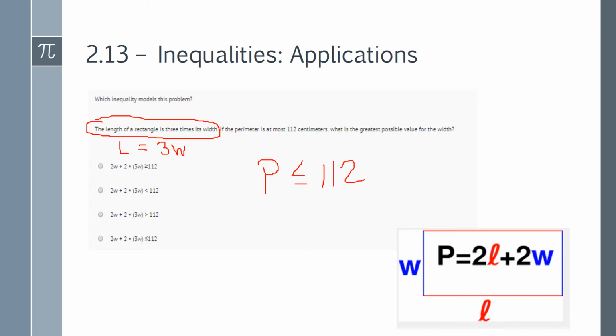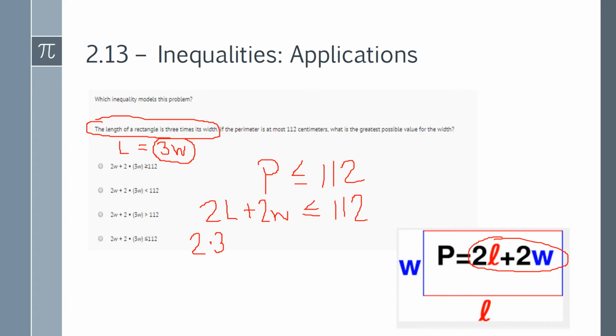Now I'm going to put in the place of perimeter the equation for perimeter, 2 length plus 2 width is less than or equal to 112. Now here's where you're going to have to do some substitution. We know the length is 3w, so in the place of length I'm going to put 3w, plus 2w. All right, so I'm going to simplify.